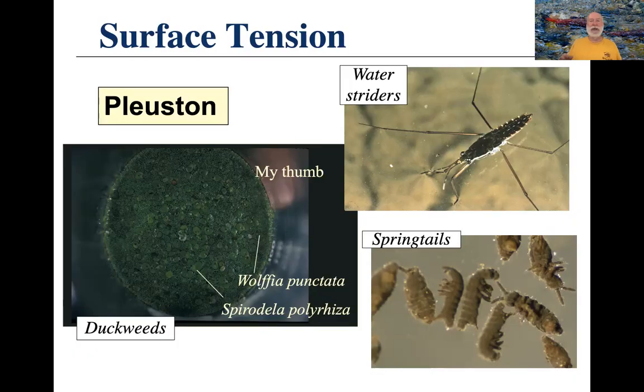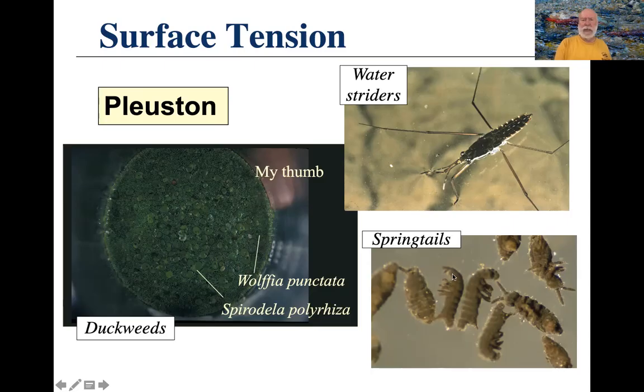Then they have these piercing mouth parts like a straw that they'll penetrate into the fly or whatever the prey item happens to be, and they'll suck out the internal contents of that prey item. Okay, so there's a water strider.